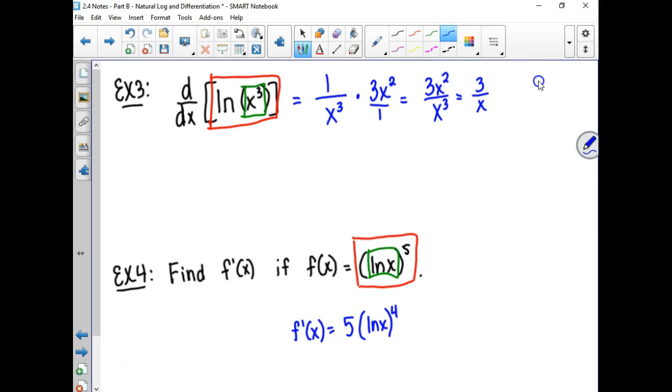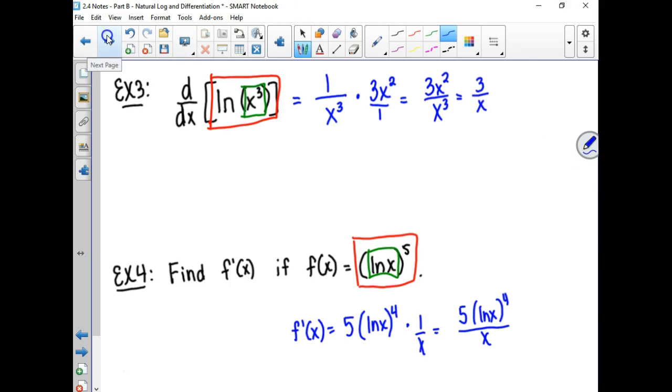And then we must multiply it by the derivative of natural log of x, which is 1 over x. So if we multiply this across, we'll have 5 natural log of x to the 4th over x. And there's not really anything you can do with that, so you'll just leave it. Okay. Questions?